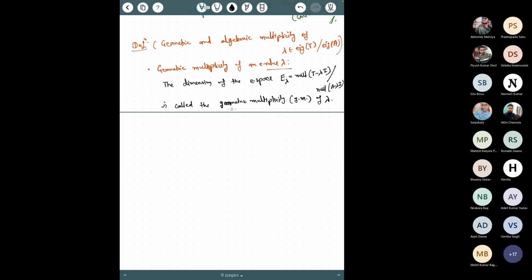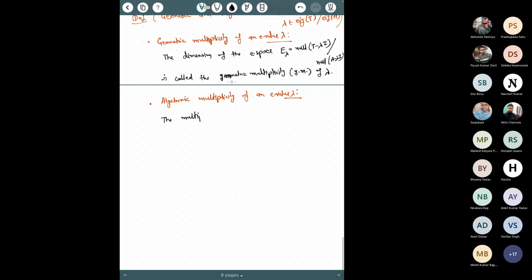This is the multiplicity of lambda as a zero of the characteristic polynomial, either p_T(z) or p_A(z). p_T(z) is the notation for the characteristic polynomial of T, and p_A(z) is for the characteristic polynomial of a matrix.